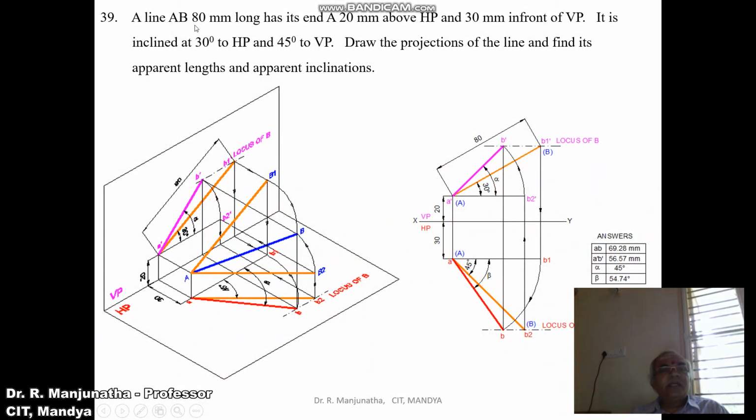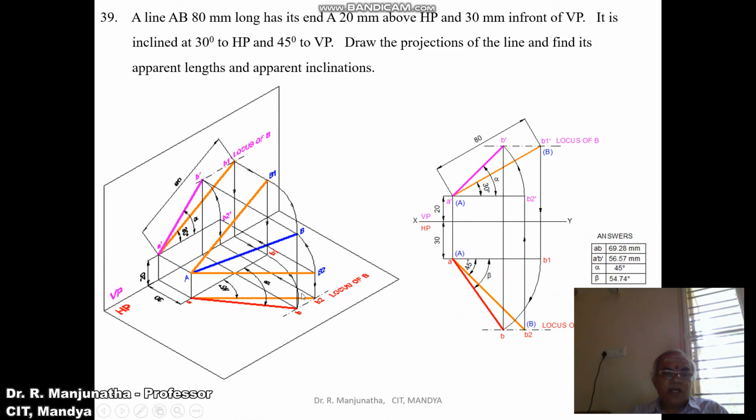So, which is the line? Again, the true length of the line is inclined at 45 degrees to VP. The true length is the same, both in the front view as well as in the top view. So again, from the same point, capital A, you take an angle of 45 degrees to VP. This is the inclination which makes 45 degrees to VP. When it is projected from the top view, that point is going to fall on the horizontal plane.